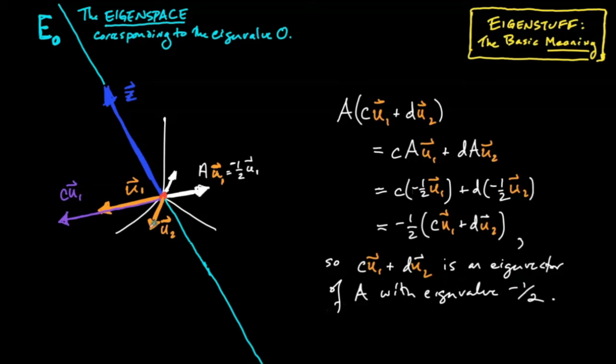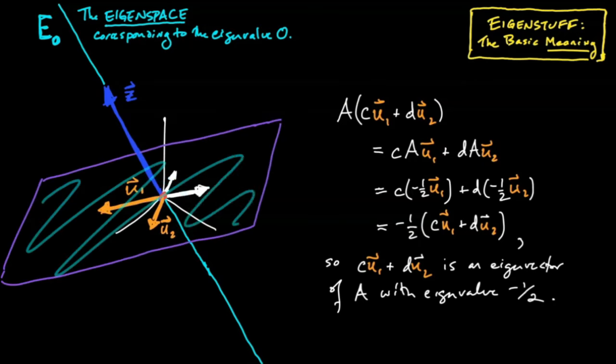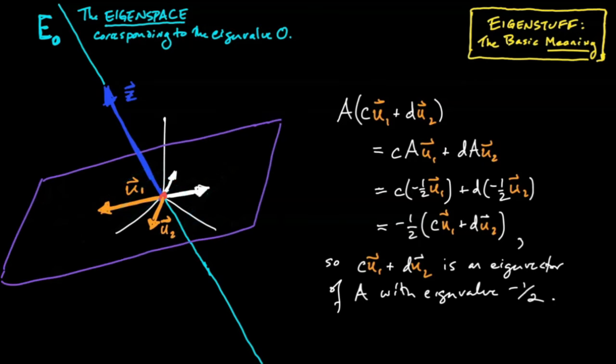That means that every vector in the span of these two eigenvectors which share eigenvalue -1/2, in other words, any vector that lives on the plane that they determine, is going to be an eigenvector of the matrix A with the eigenvalue -1/2. Or strictly speaking, all the non-zero vectors in the span are eigenvectors, because the zero vector itself, which of course is in the span, is not considered an eigenvector.